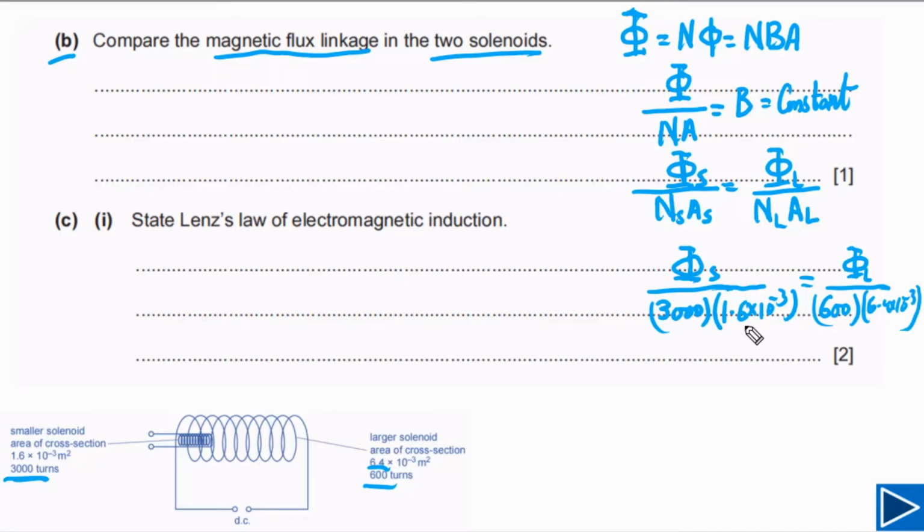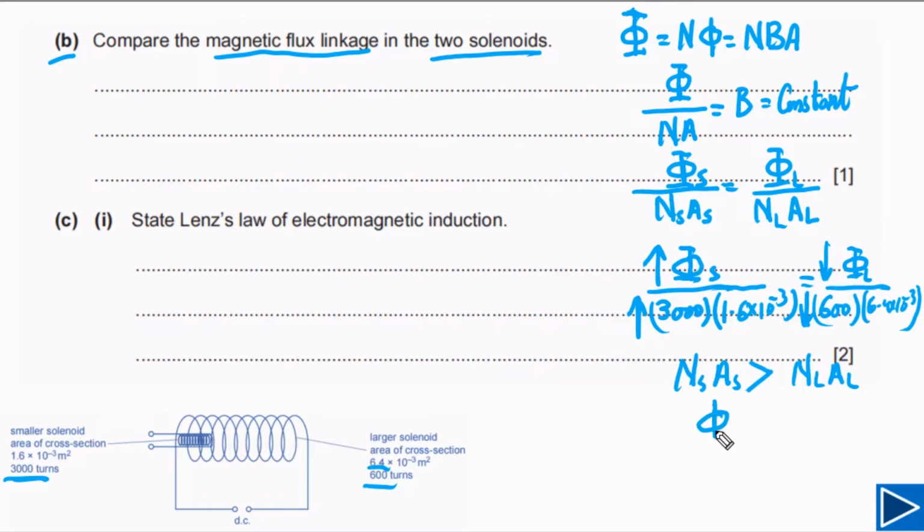Now if we compare N_S times A_S with N_L times A_L, this is greater. So if this quantity is greater, this one has to be greater, and this one is small, so this one has to be small because the ratio between these two is the same.